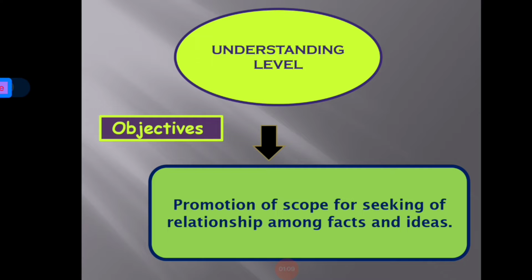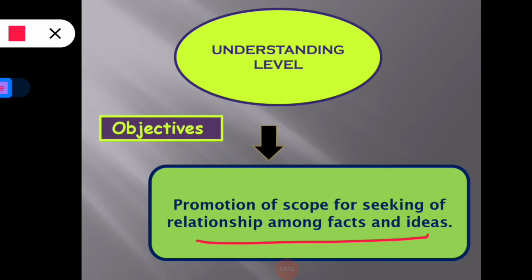So here this is the objective of the understanding level. And what is the objective of the understanding level? The promotion of scope for seeking relationship among facts and ideas, because at this level learners get to know about the meaning of the concept, generalizations, principles and theories along with their application.